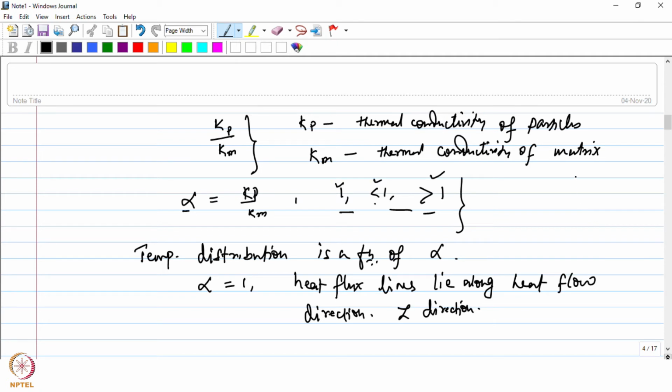We define Z direction as this vertical direction, and X is the horizontal direction in this particle matrix system that we are talking about. Okay. So the heat flux lines are along the Z direction, and the isotherms are in a direction which is perpendicular to these heat flow lines. Okay. So isotherms therefore will be in the X direction.